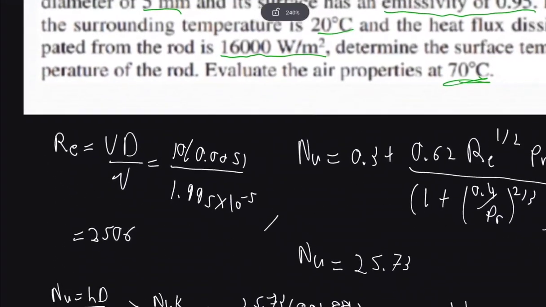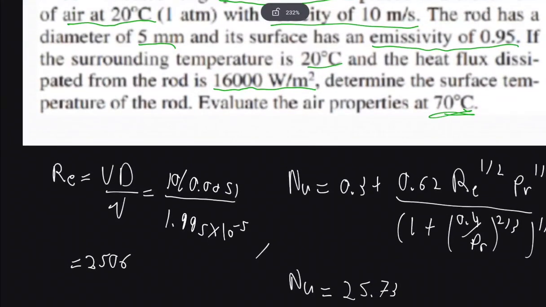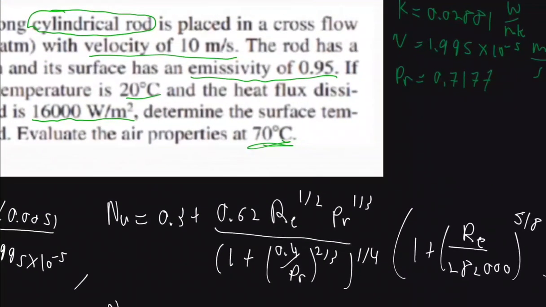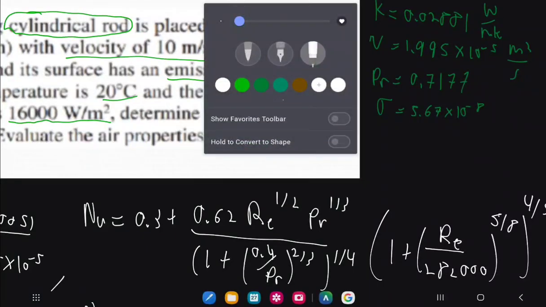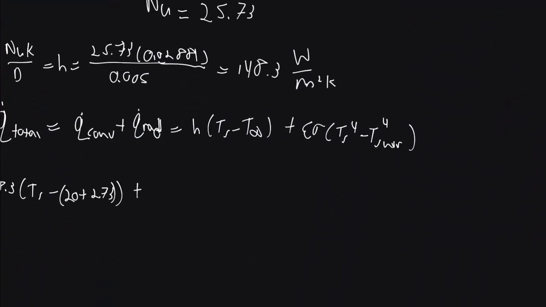We have the emissivity of 0.95, and we're not given sigma, but I will give you sigma: 5.67 times 10 to the negative 8.